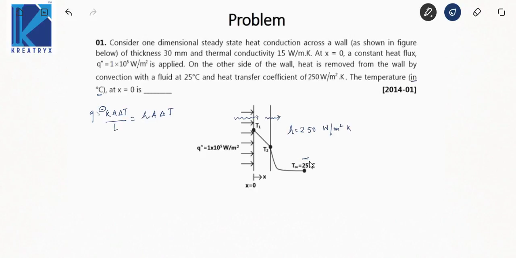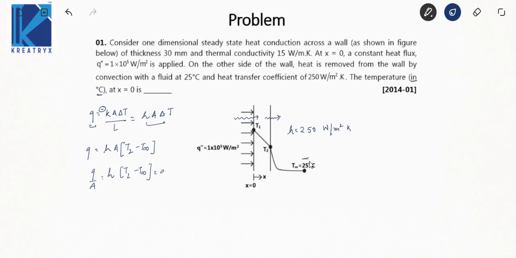First we'll be solving this one. Q is equal to hA delta T, where delta T is T2 minus T infinity. Q by A is equal to h times (T2 minus T infinity).